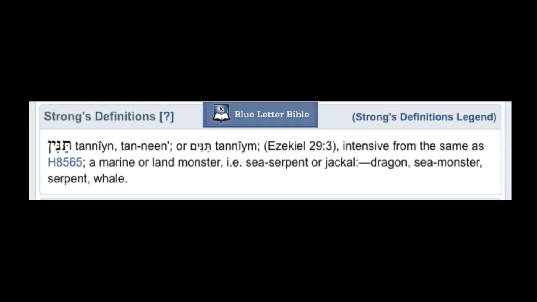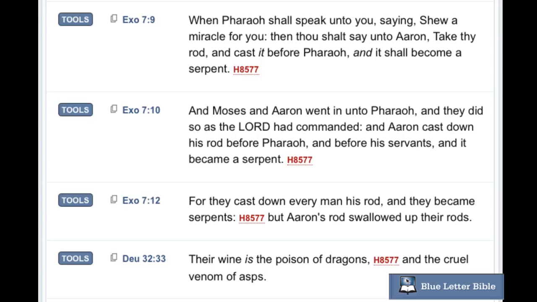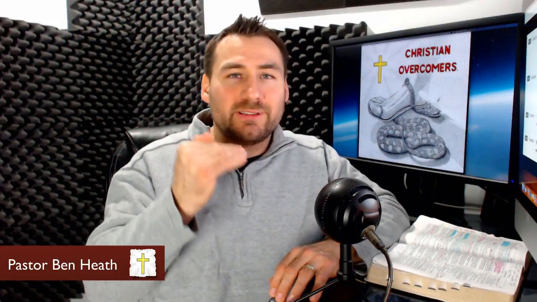All right. But again, the definition is best defined by the context. So we're going to do that real quick. I'm going to bring you through a list of places where this word tanim that was translated as whale, where else it was used in other places in the Bible, and see how it was translated.